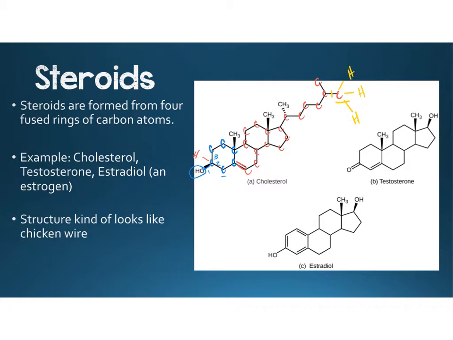Okay, and so you can see them here, 1, 2, 3, 4 carbon-based rings that are fused together. These examples that I am giving you here are estradiol, testosterone, and cholesterol. Those are 3 main examples of steroids in your body.